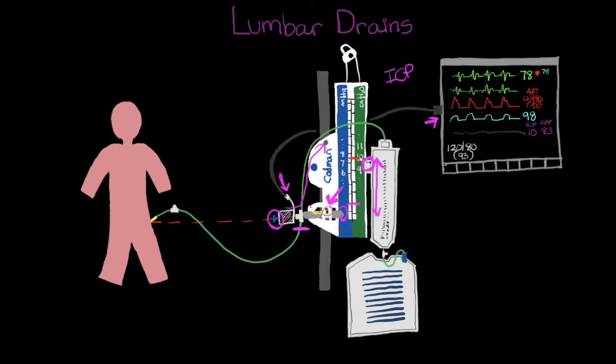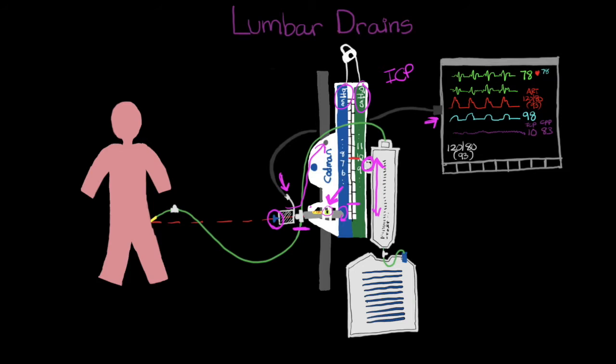And again, if you remember, I said that we're going to have both centimeters of water and millimeters of mercury, so it's really important that you're using the right scale. The reason for this is that 10 centimeters of water is 7.4 millimeters of mercury.